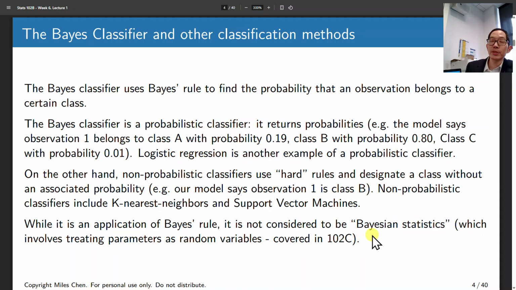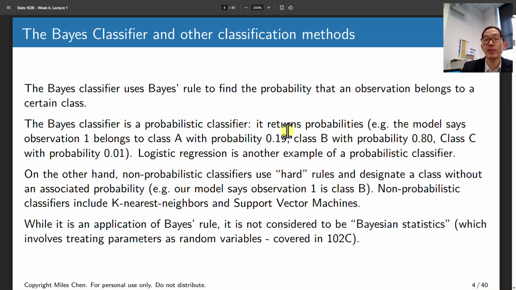We are going to cover the Bayes classifier today, and the Bayes classifier uses Bayes' rule, the probability rule for conditional probabilities, okay? It is what we call a probabilistic classifier, in that it is going to return a vector of probabilities.